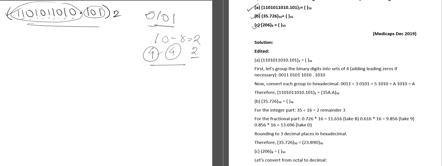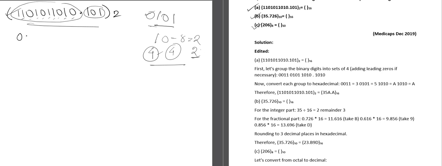From this remaining 2 bits we can't make a group of 4 bits. So in order to make a group of 4, we need to add 2 more zeros at the front.